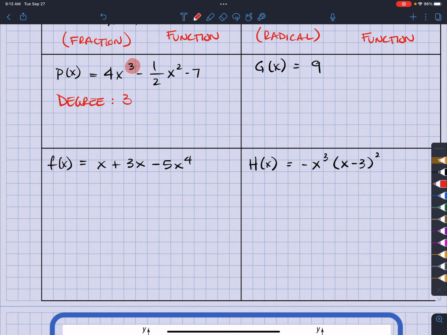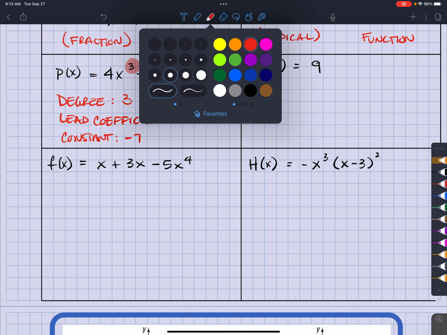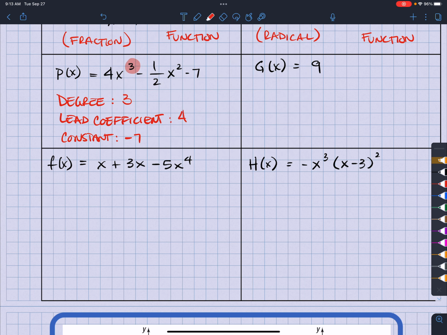The lead coefficient would be a 4. And the constant is a -7. Let's stay with the red. So we got the 4 and we got the -7. That's where you see all of those.